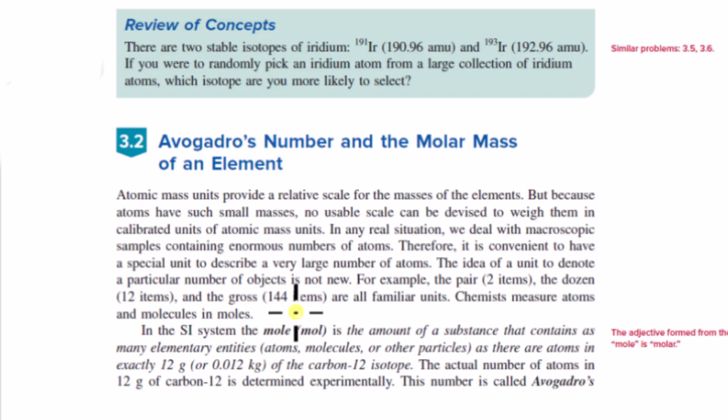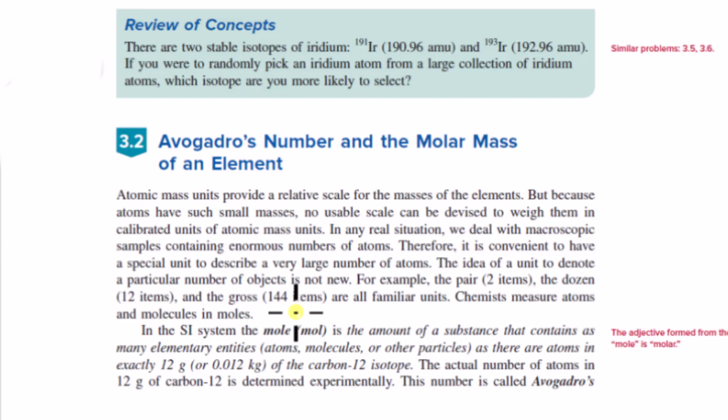The mole just corresponds to some number. Instead of 12, it's this 6.022 times 10 to the 23rd, this big number. And you just use it to say a mole of whatever elementary entity you want. It's up to you: a mole of cars, a mole of eggs, a mole of protons, a mole of H2O molecules, a mole of iron atoms.